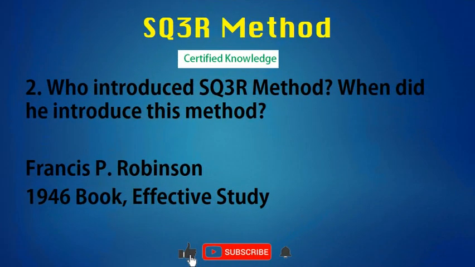The second question that they can ask you in short questions, a 2 marks question, is, who introduced the SQ3R method, or when did he introduce this method? The answer is, the method was introduced by Francis P. Robinson.